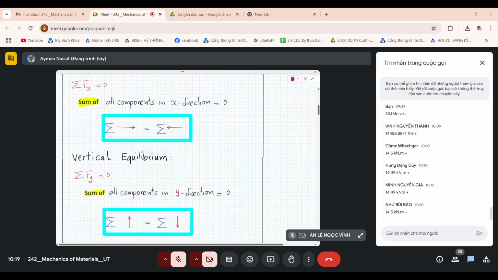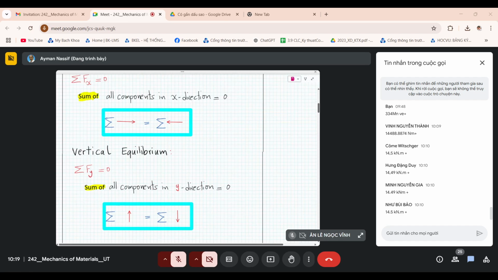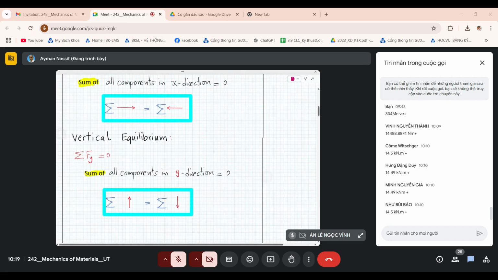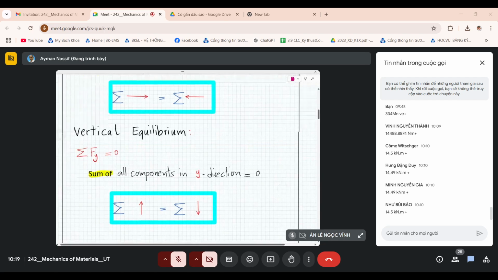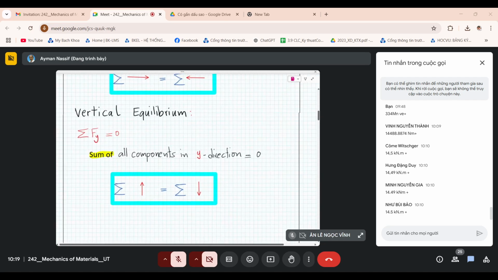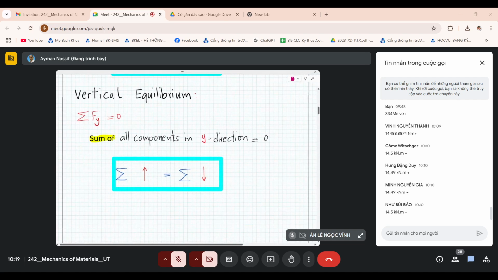Vertical equilibrium, in fact equilibrium in any direction. Again, the sum of the components in the y direction must add up to 0. In an easy way, I also look and make sure this is the case, not just writing the numbers. I look and say, oh yeah, some forces going up and some forces going down, and the sum of the forces going up must be equal to the sum of the forces coming down.